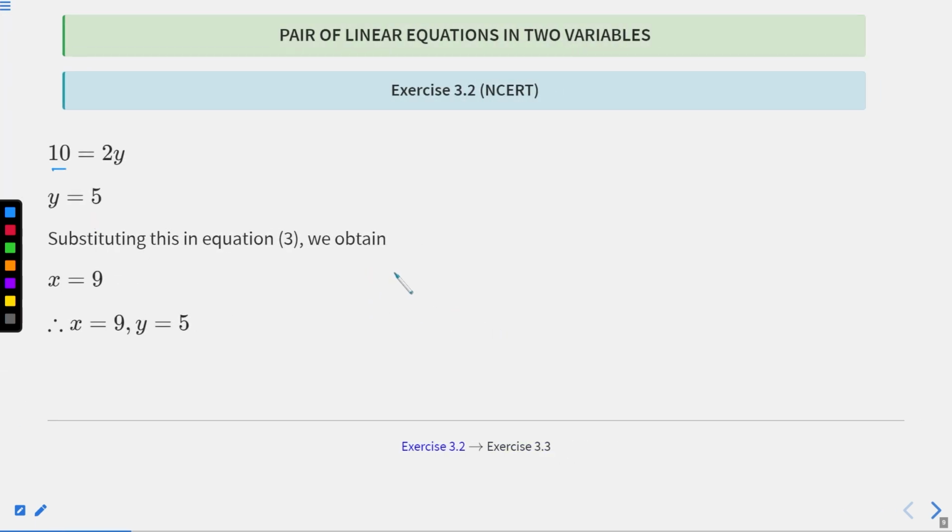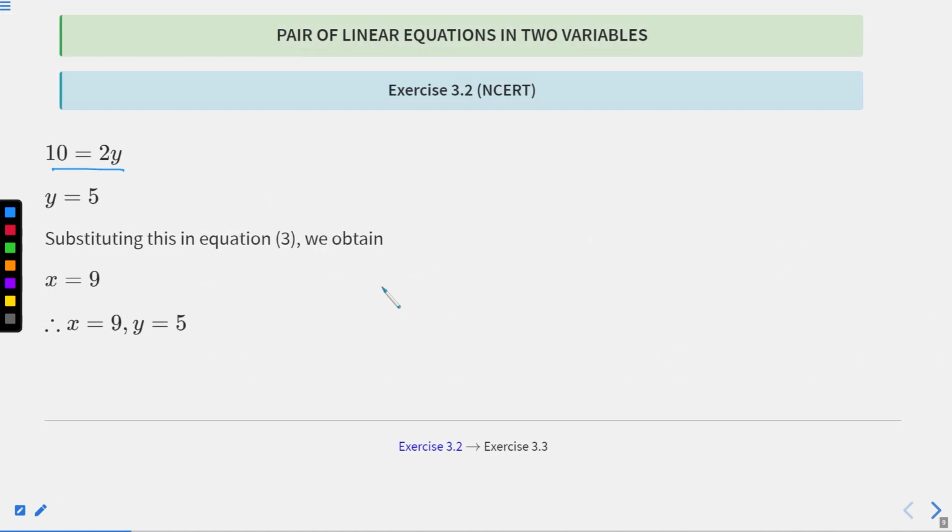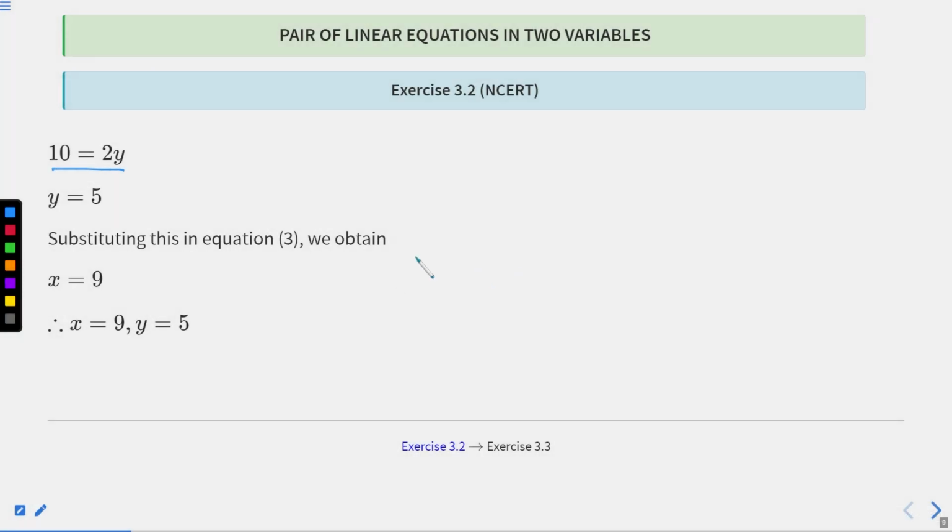Now substituting y equals 5 in equation number 3, we obtain x equals 9. Therefore x equals 9 and y equals 5.